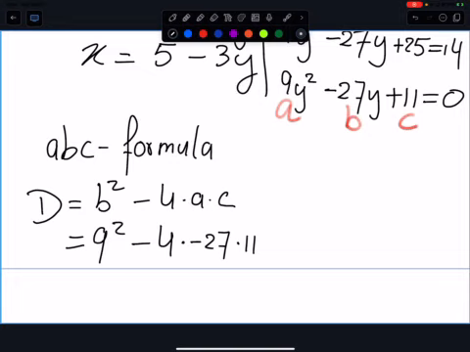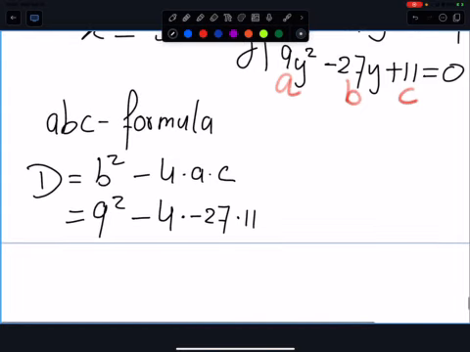So 9 squared is what? 81. Subtract 4 times minus negative 27 times 11.